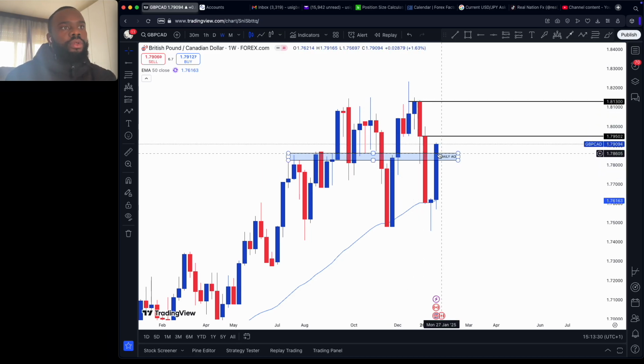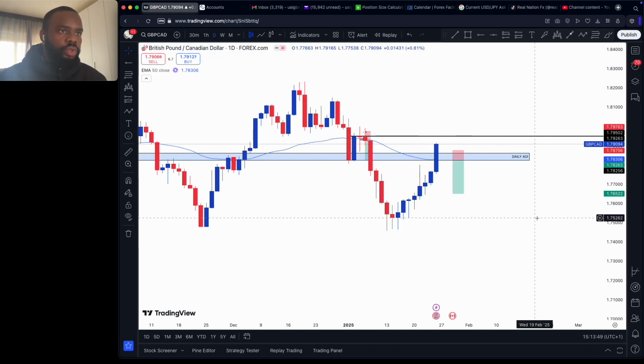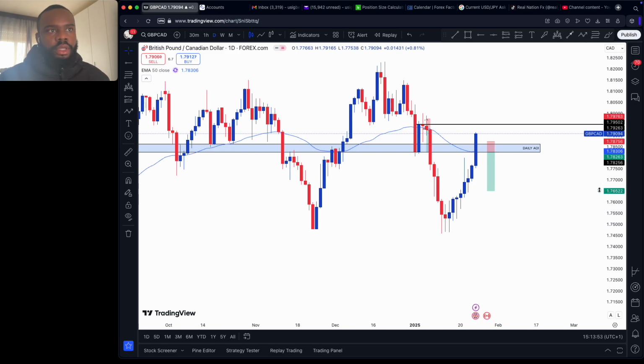Now I don't know if the market is trying to come and retest the area of interest for the weekly, but that's for that. We'll take the trade on the lower time frame. So the weekly doesn't really matter. I just want to know the structure, the direction of the weekly. Then we'll go down to lower time frames like the daily and the 1 hour to look for our entries.